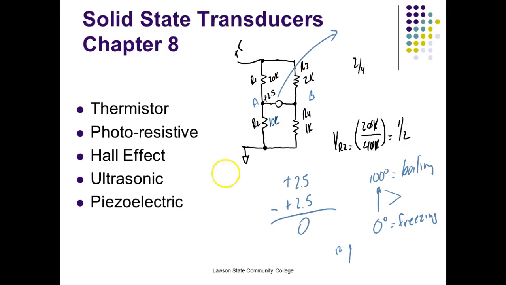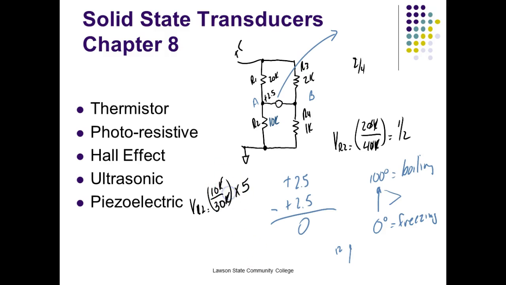Well, if I calculate the ratio over here, that means VR2, which is our reference resistor, would be equal to 10K divided by 30K. Y'all understand the voltage divider formula. You take the resistor you want the voltage drop across, you divide it by the total resistance of the circuit, then multiply it times the applied voltage.